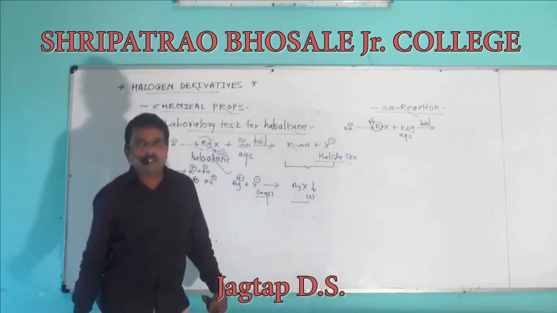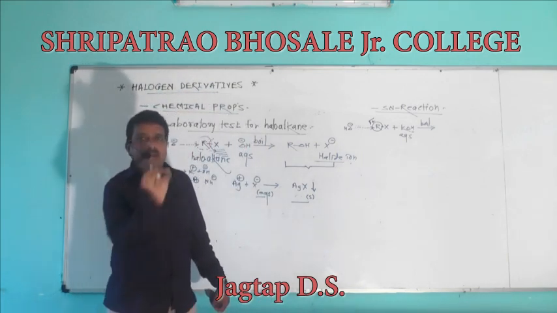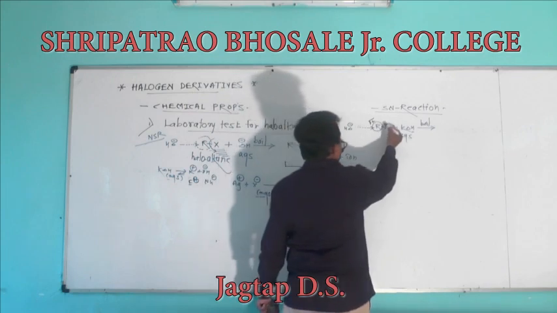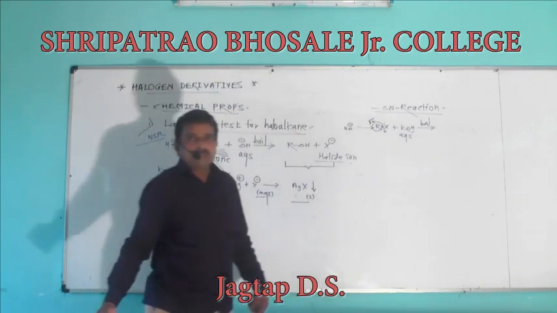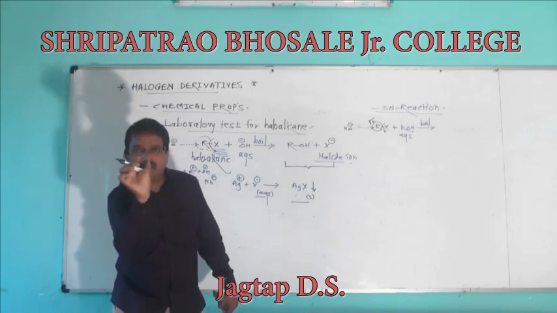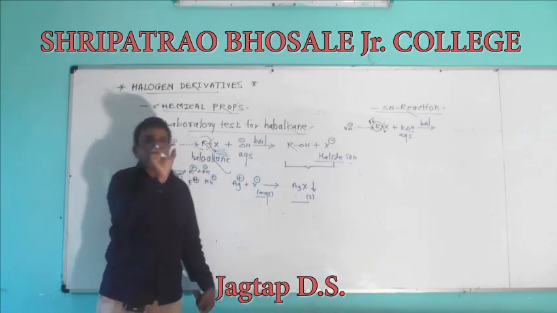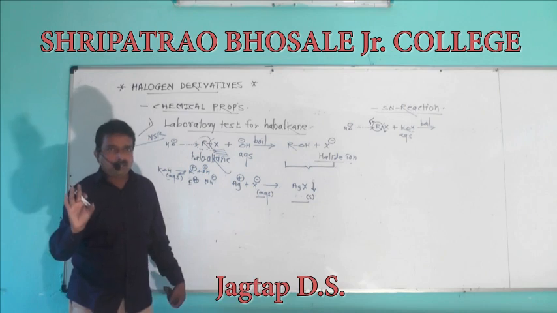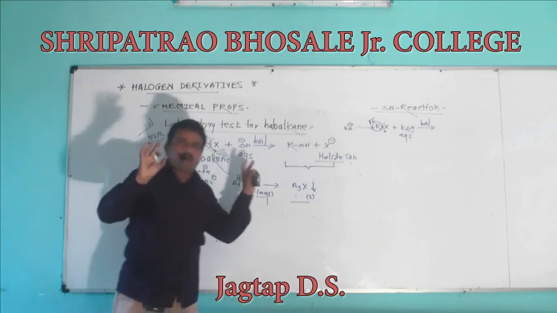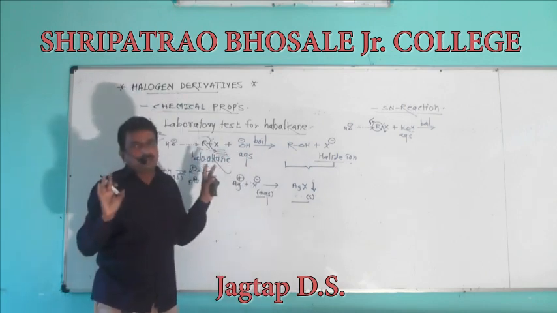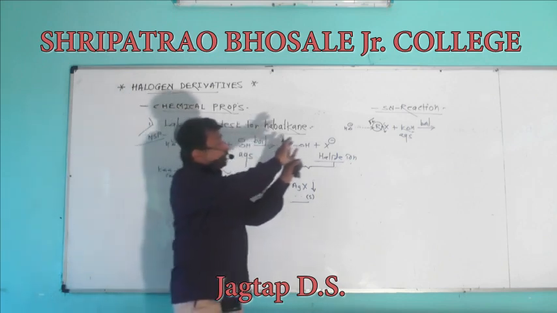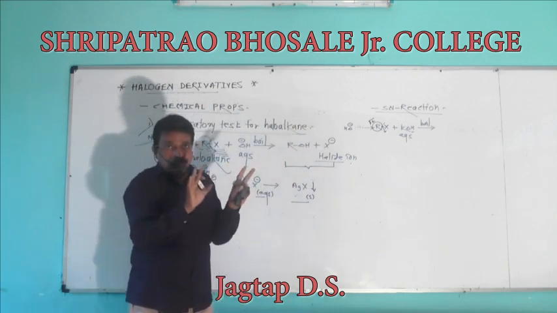When it attacks the electron deficient carbon, since carbon is tetravalent, at the same time the fission of the C-X linkage takes place. The fission of the C-X bond takes place heterolytically. In heterolytic bond fission, one of the partners retains both the shared electrons, so halogen is eliminated as a halide ion.